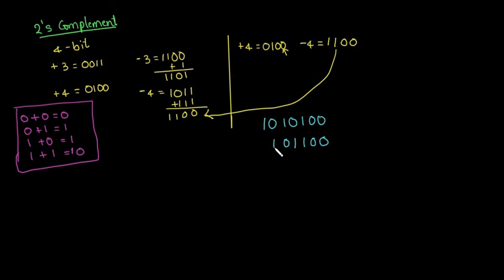This 0, flip it. This one, flip it. This is a positive number, and this is a negative number, and this is a positive number corresponding to this negative number, because we have a 1 in the MSB. If you have a 1 in the MSB, then it is always a negative number in 2's complement representation. If you have a 0 in the MSB position, then it is a positive number in 2's complement representation.